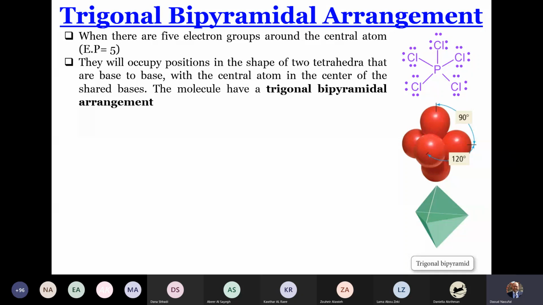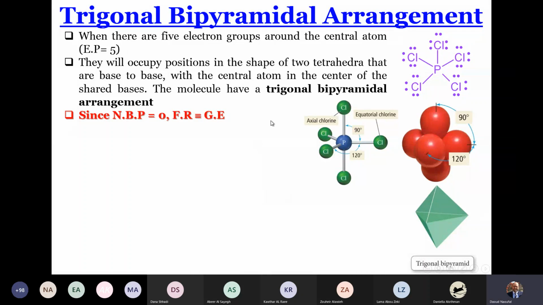So the best structure is when we have minimum repulsion. If you look at this structure, we have 3 balloons in a plane, and we have 1 balloon perpendicular to this plane and another balloon which is also perpendicular. So the form is a bipyramid, and the base is a triangle. So the figure of repulsion is trigonal bipyramidal.